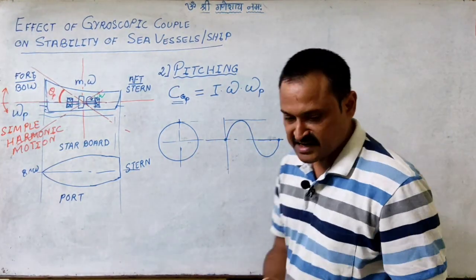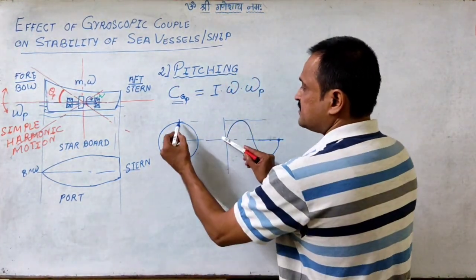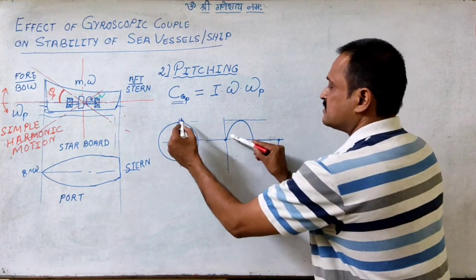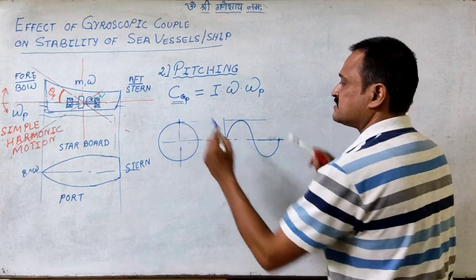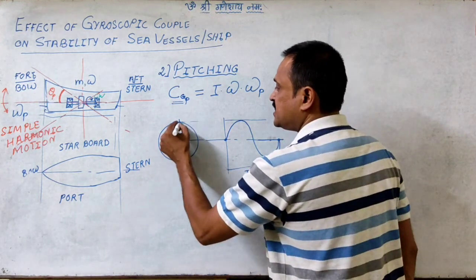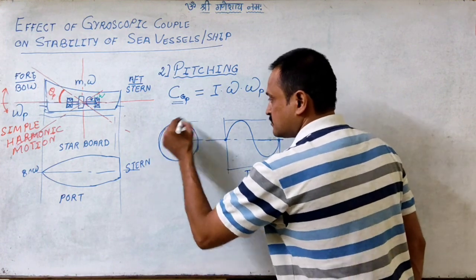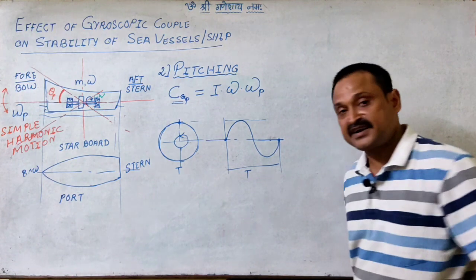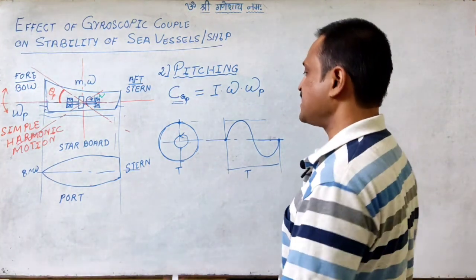So how is it actually? When this is rotating about a fixed point, at the same time this particle is traveling the same. So if this is happening at time t, this entire rotation of 2 pi is also happening at time t, which is called the time period.